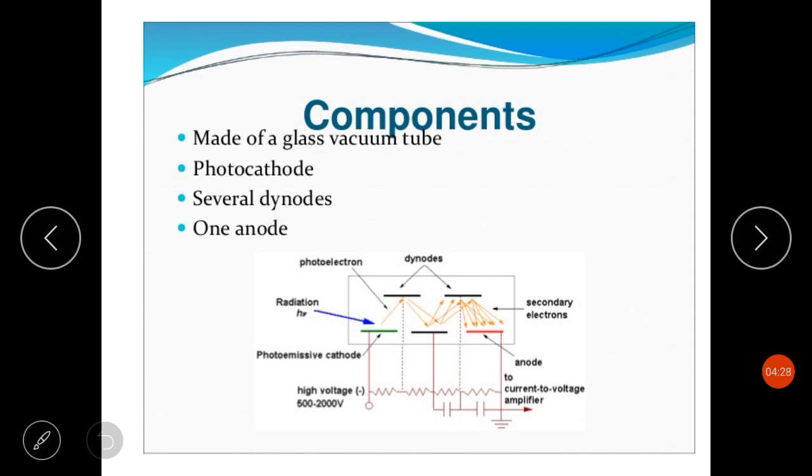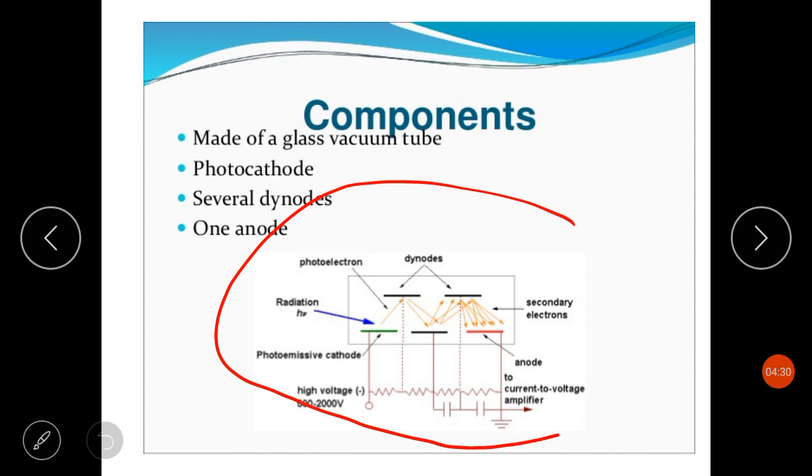Here in the photo, this is the construction of the photomultiplier tube. You can see there are successive stages. These successive stages are used for secondary emission of electrons, and because of the secondary emission of electrons, the output photoelectric current gets amplified. I'll tell you the whole working in my next slide.